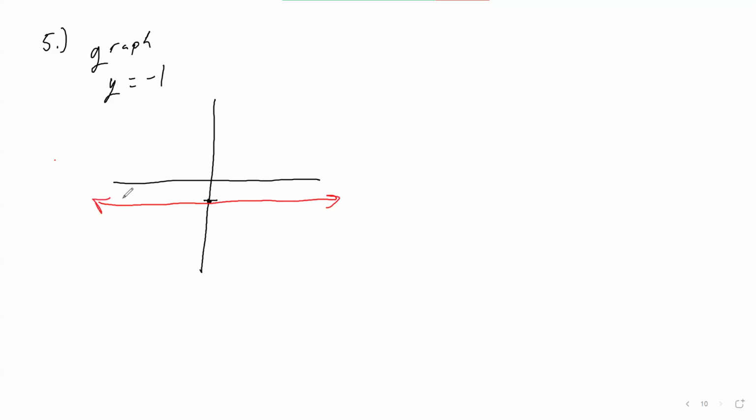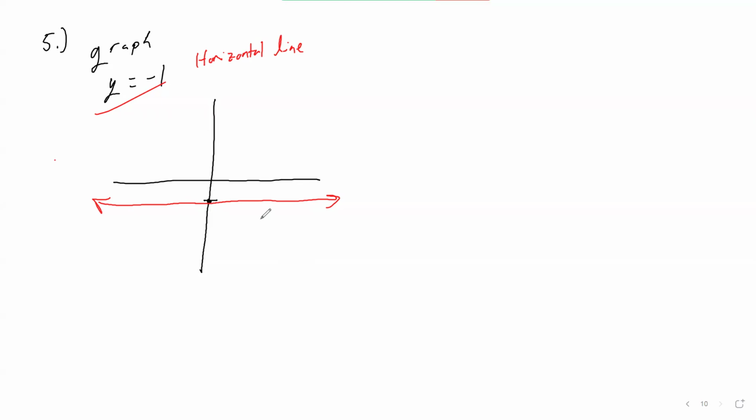That's your graph. It crosses the y-axis, and it's called a horizontal line. So if you get a y equals a number, just go to that number on the y-axis and then draw a horizontal line, as if it's going through that -1.